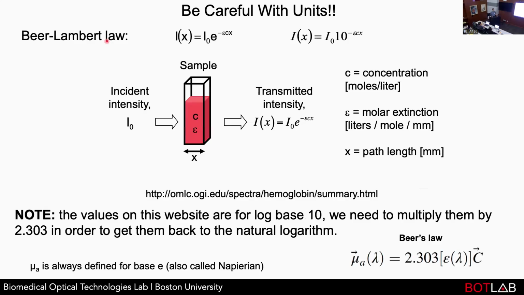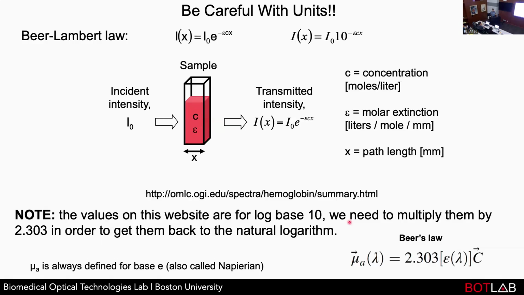And then I want to give a note of caution. I mentioned this briefly yesterday, but the Beer-Lambert law can be written in 2 different ways. Beer-Lambert law shows us the relationship between light in and light out, but it can be written in log base e or log base 10. And the extinction values are different depending on which base you're in. So you need to know which base the extinction values are given to you in.